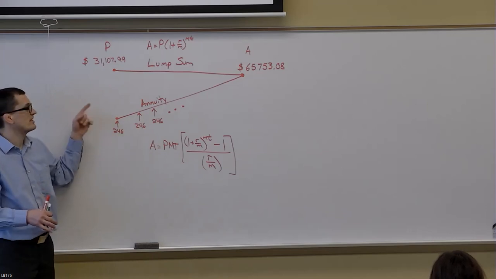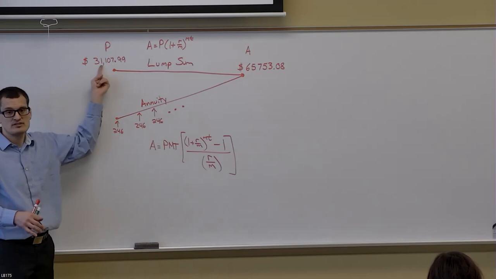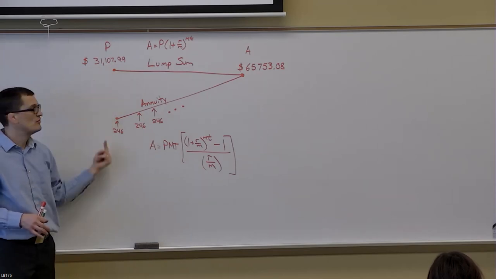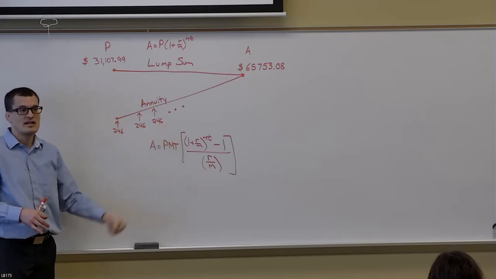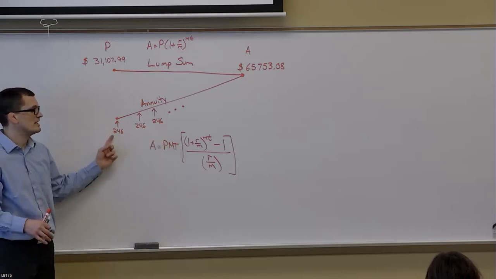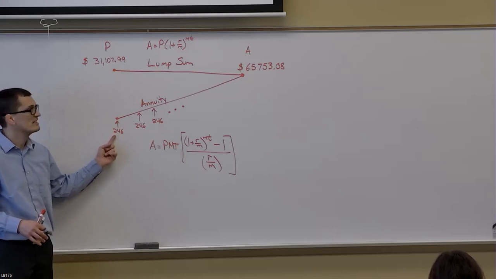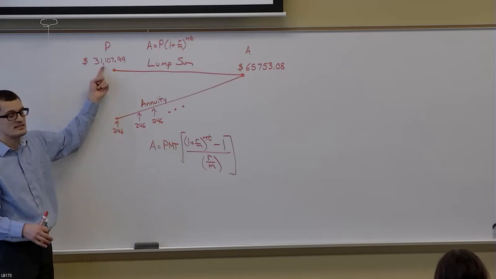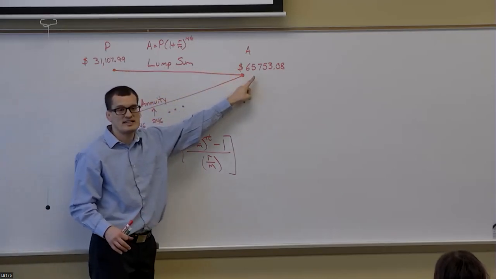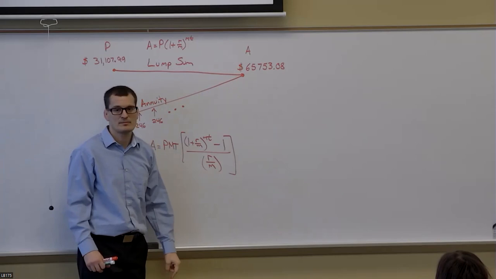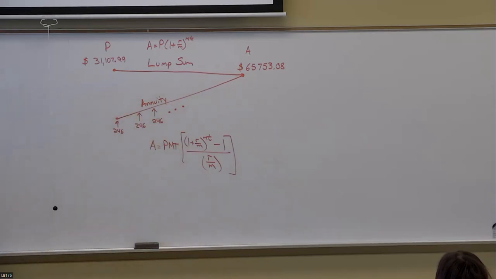Banks are trading you a present value lump sum for your monthly payments. And the way it works is that the annuity that gives you your monthly payment and the lump sum will end up at the same ending amount. Is that all right?